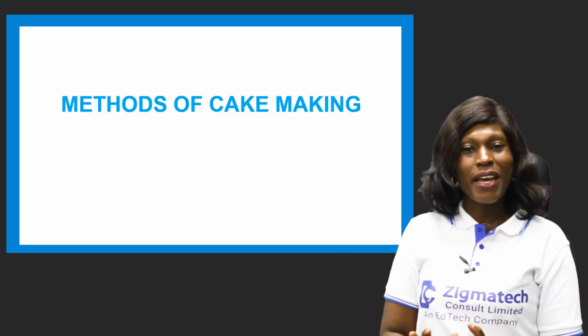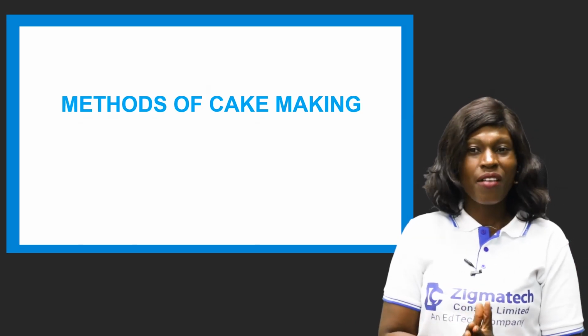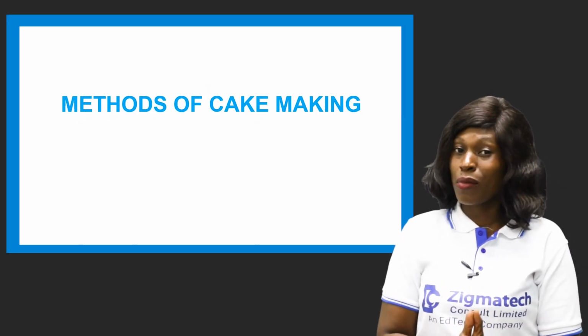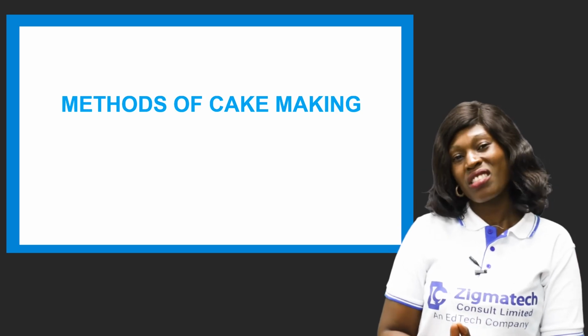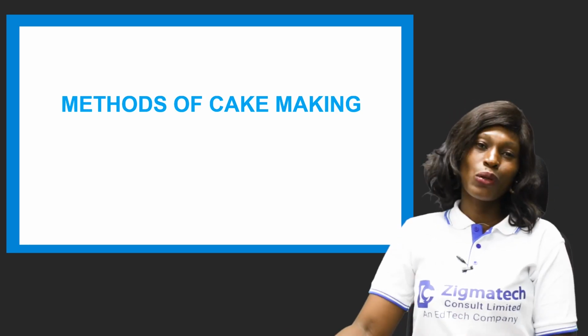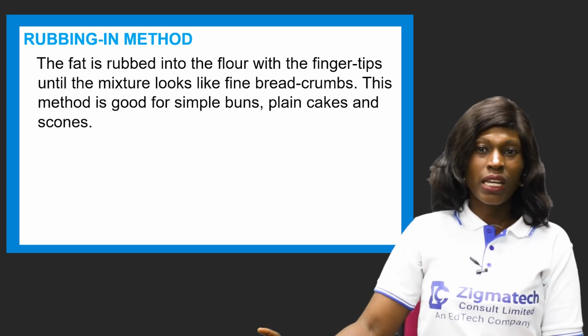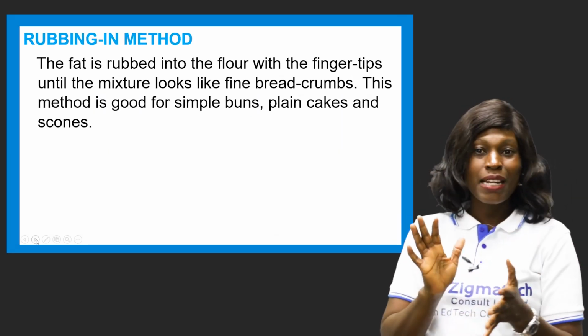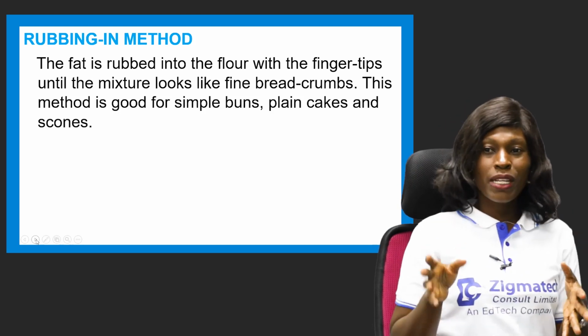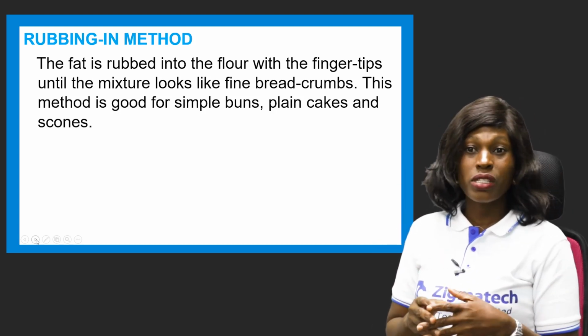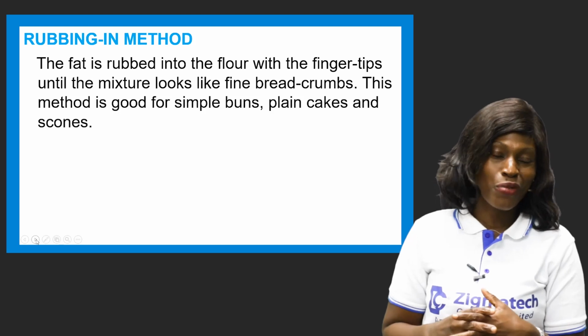Now, we want to look at the methods of cake making. We have different methods. Okay, we have the rubbing in method. The fat is rubbed into the flour with the fingertips until the mixture looks like fine breadcrumbs.